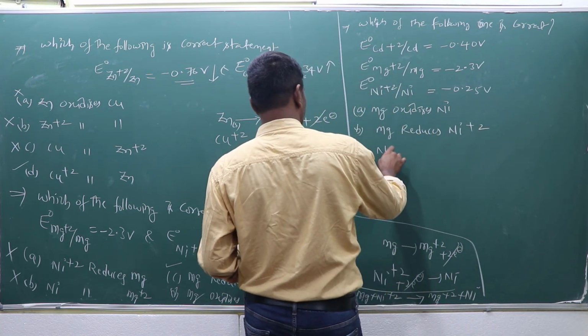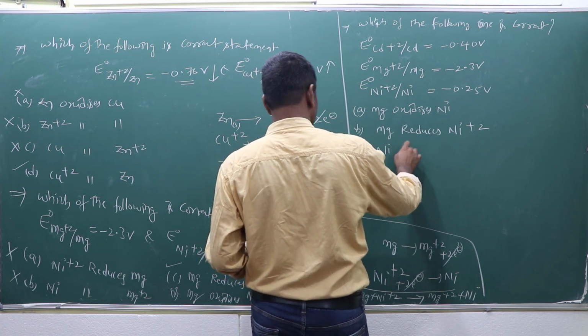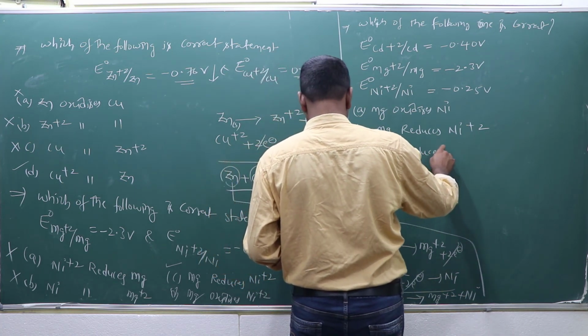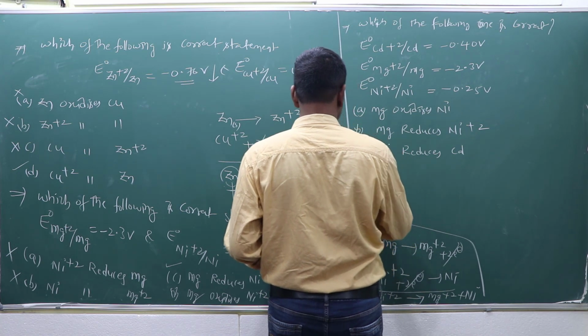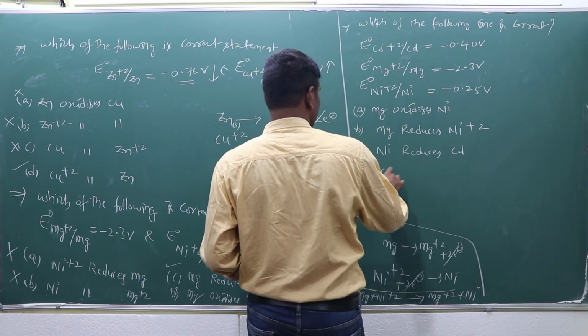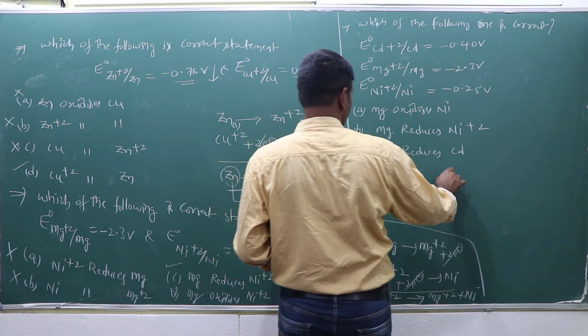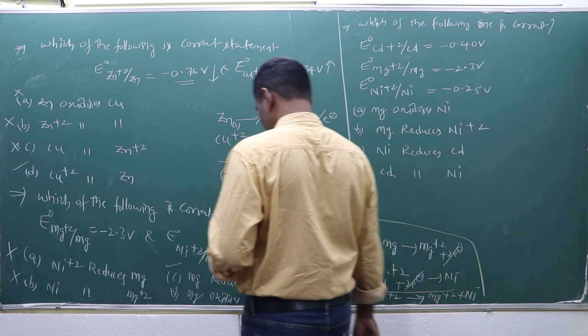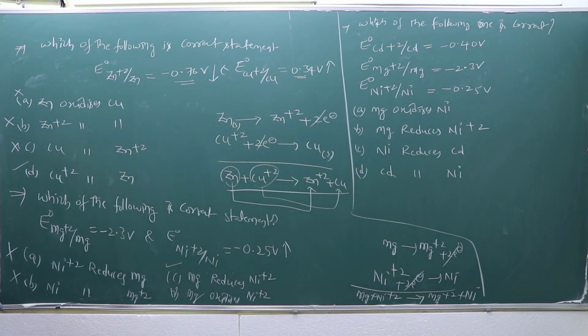C. Nickel reduces cadmium. D. Cadmium reduces nickel. Which one is the correct statement? Which of the following is the correct statement?